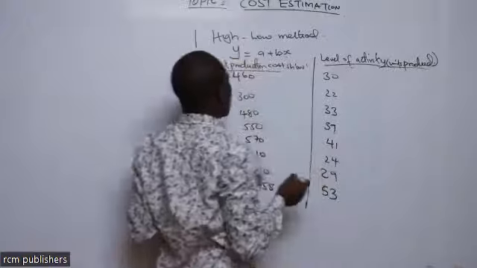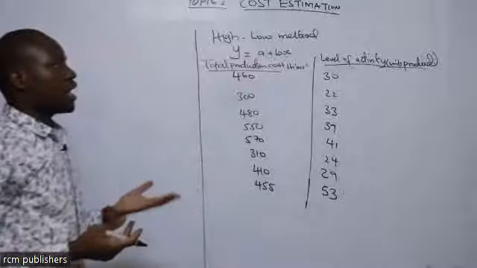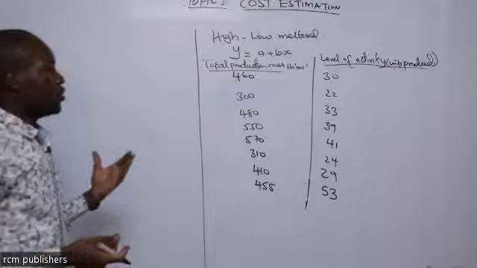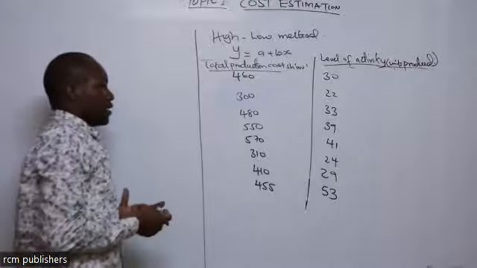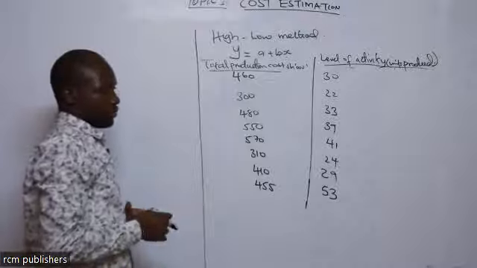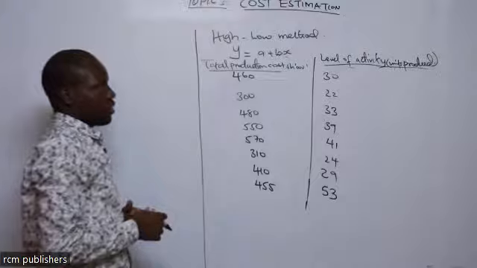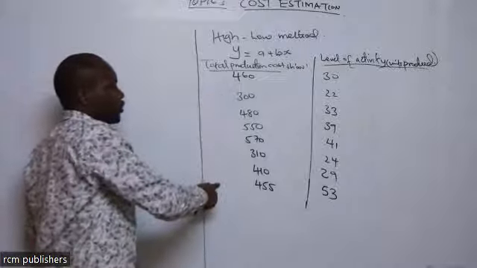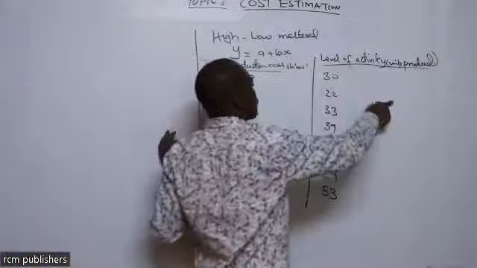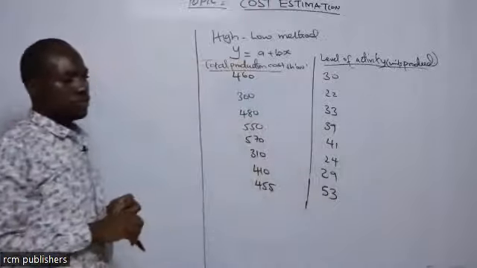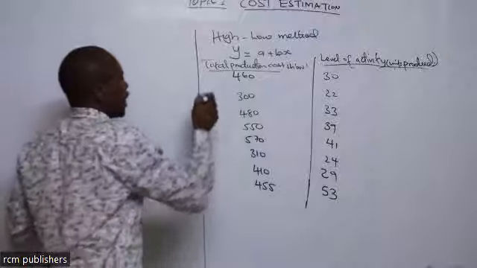So between total production cost and activity level, what are we going to have as the determinant of each other? Do I use the total production cost to get units produced, or do I use units produced to arrive at the total production cost?